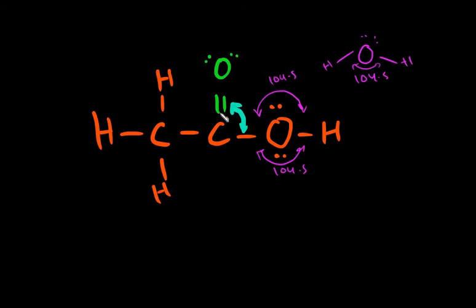This shape looks like a trigonal planar. So if we have a shape like this, this is a trigonal planar, and we have a double bond here.